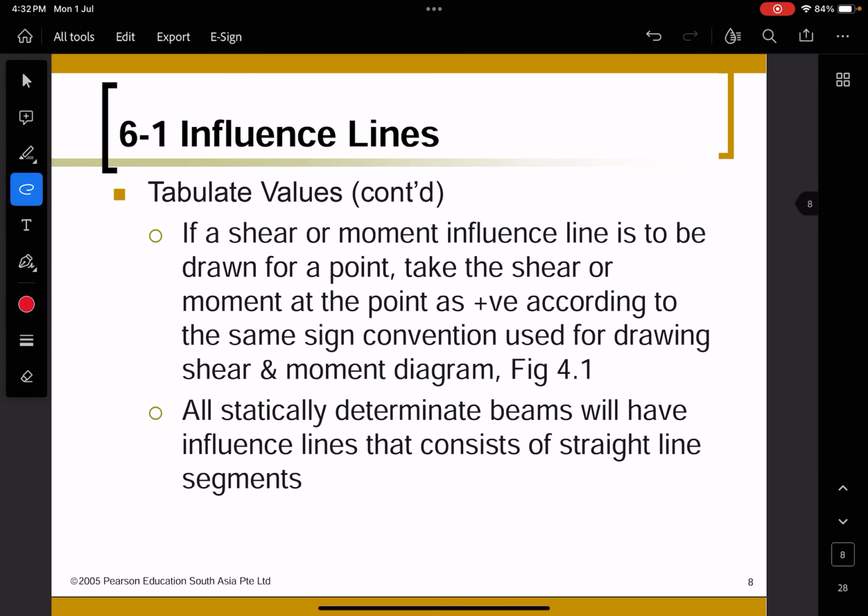The same thing goes for the shear and moment influence lines. You can take shear and moment as positive according to the sign convention that you used in the previous chapter.